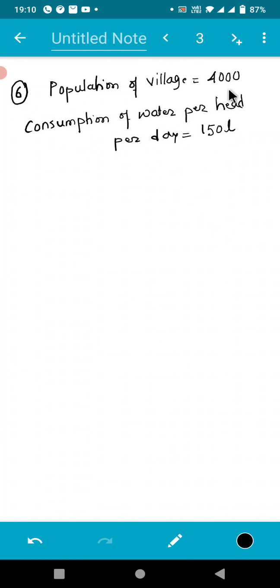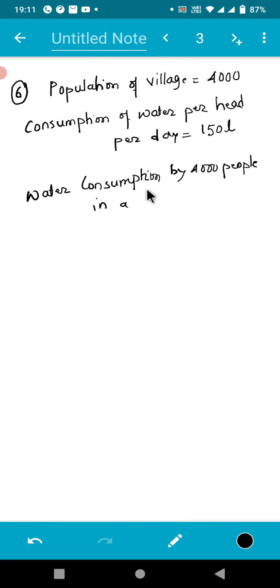So how many liters will all these people use? So water consumption by 4,000 people in a day would be obviously more, that is 4,000 into 150, and this would be equals to 6 lakh liters.